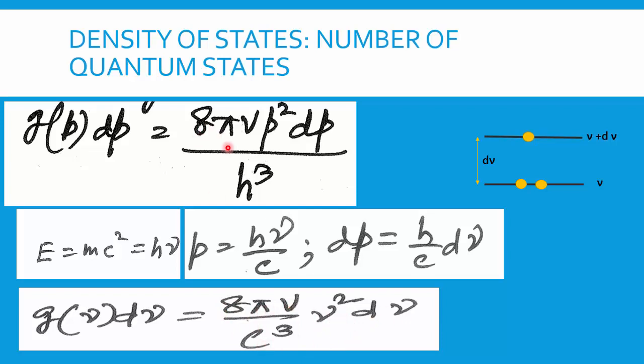So your momentum got transformed to frequency, and you use this formula when you are asked to calculate the number of quantum states as a function of frequency. Similarly, like energy, your number of quantum states no longer remains a function of p or a function of E, because on the right hand side all are constant except frequency, so you write the number of quantum states as a function of frequency.